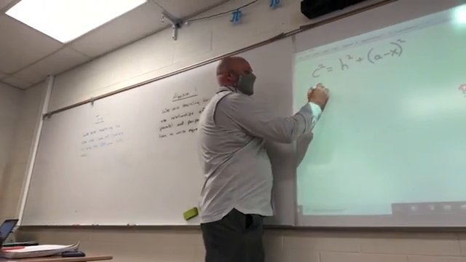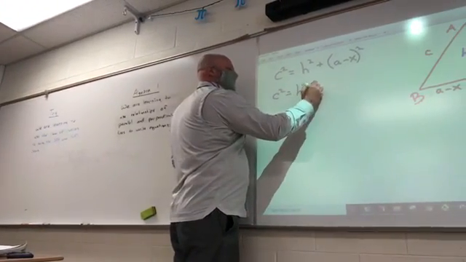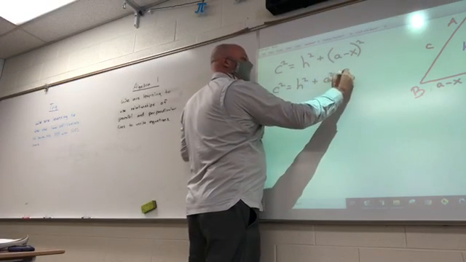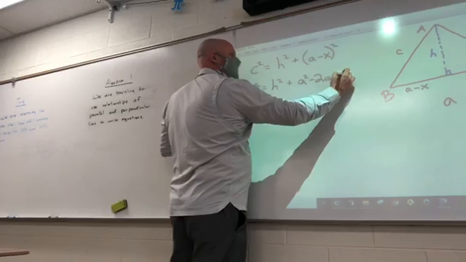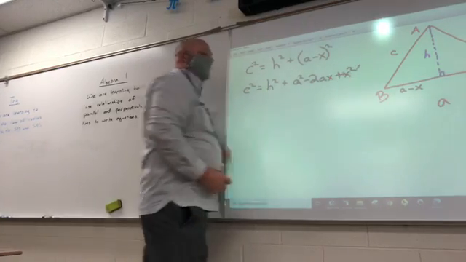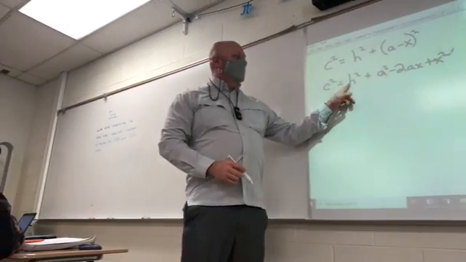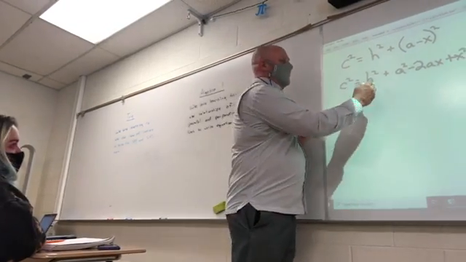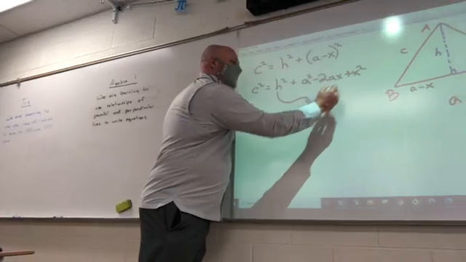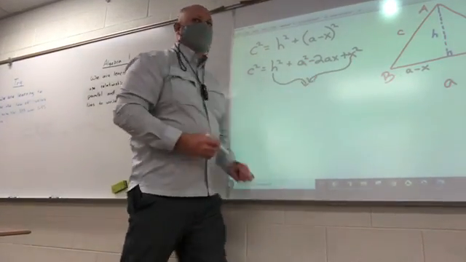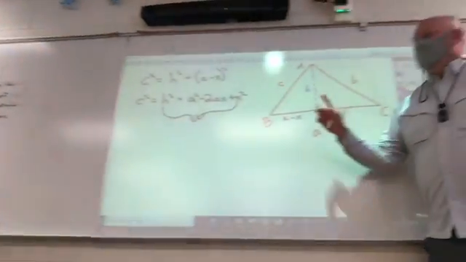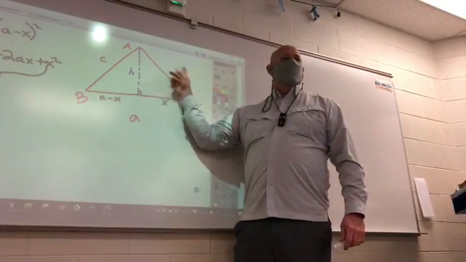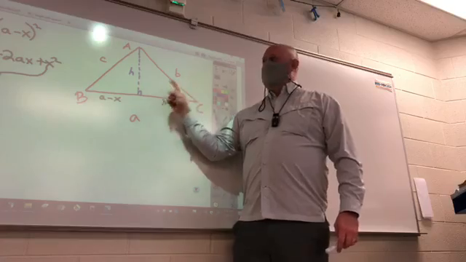So I get C squared is equal to H squared plus A squared minus 2AX plus X squared, right? Now, looking at what I have here and looking back at my drawing, what is H squared plus X squared? Over here, what would H squared plus X squared actually equal? Wouldn't it equal B squared? I can substitute.